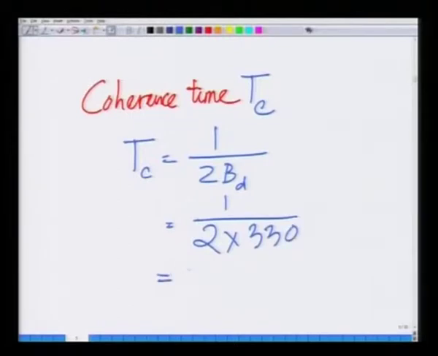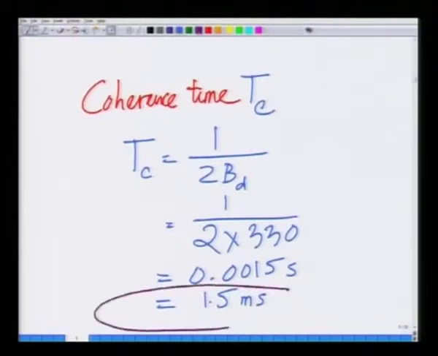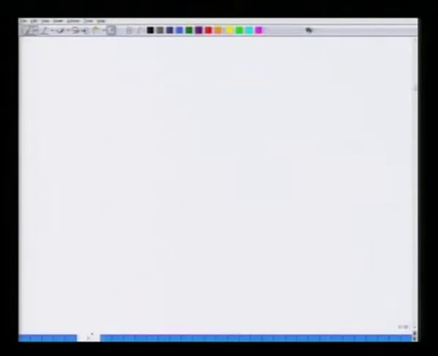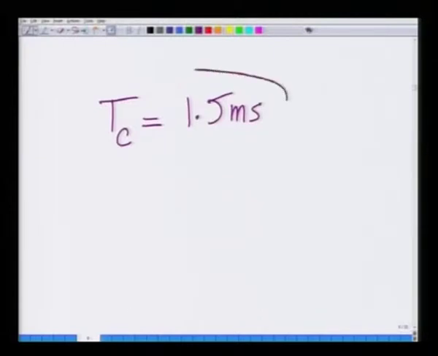This is essentially 0.0015 seconds, or I can write the same thing as 1.5 milliseconds. Hence, the coherence time is 1.5 milliseconds. Let me write this down here: T c, the coherence time, equals 1.5 milliseconds. So, what does this mean?